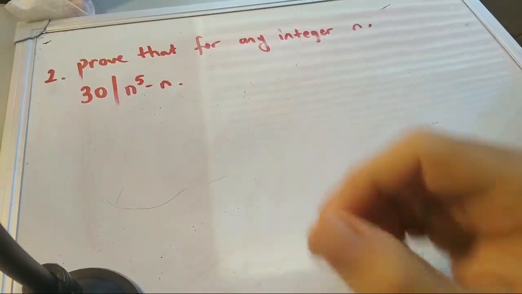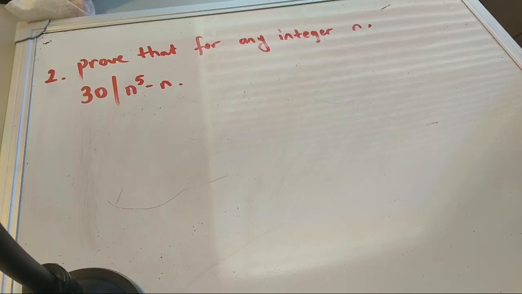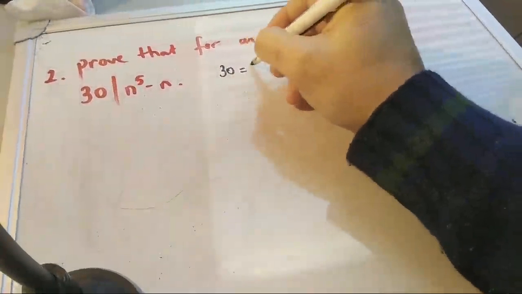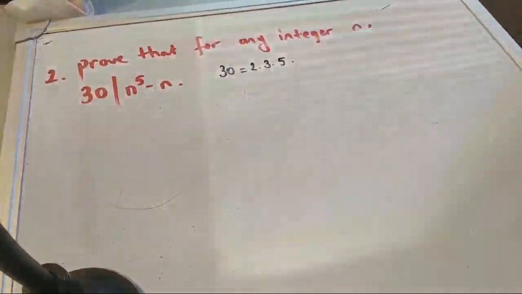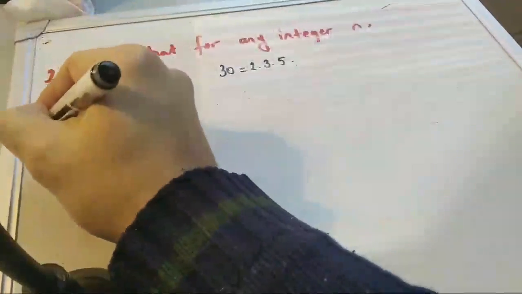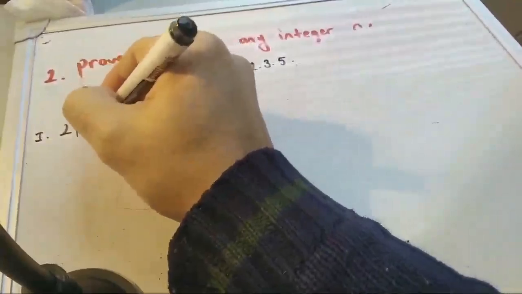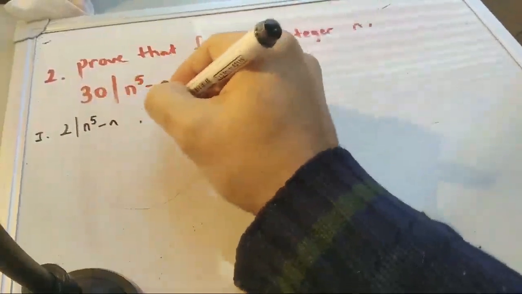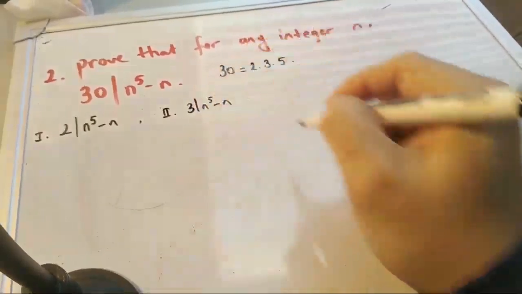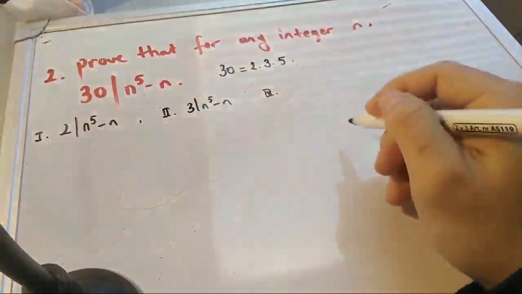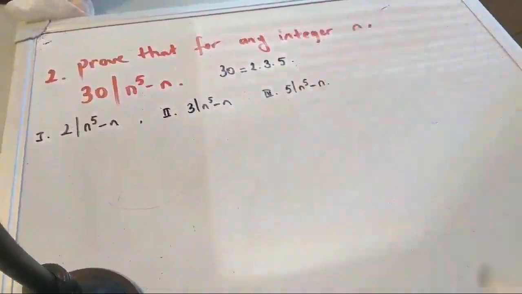To find it, actually, first we have to find the prime factorization of 30. What is the prime factorization of 30? 2, 3, and 5, right? Yes. So we can say: first, 2 divides n to the power of 5 minus n; second, 3 divides n to the power of 5 minus n; and third, 5 divides n to the power of 5 minus n.